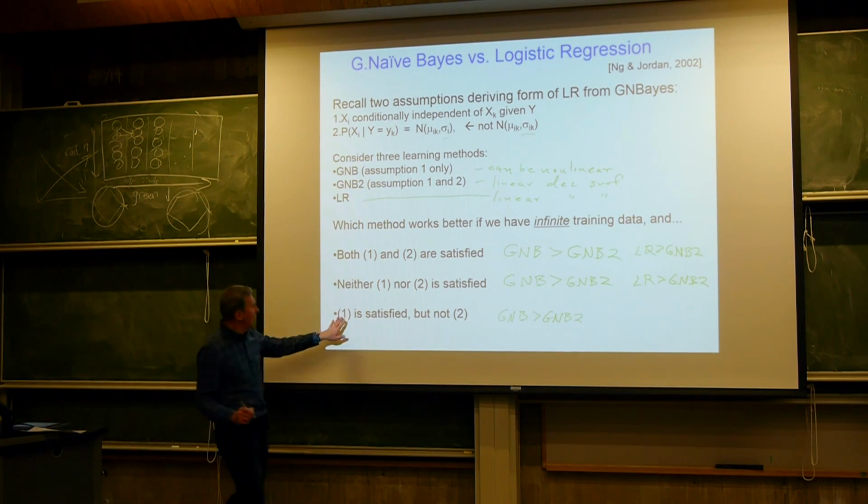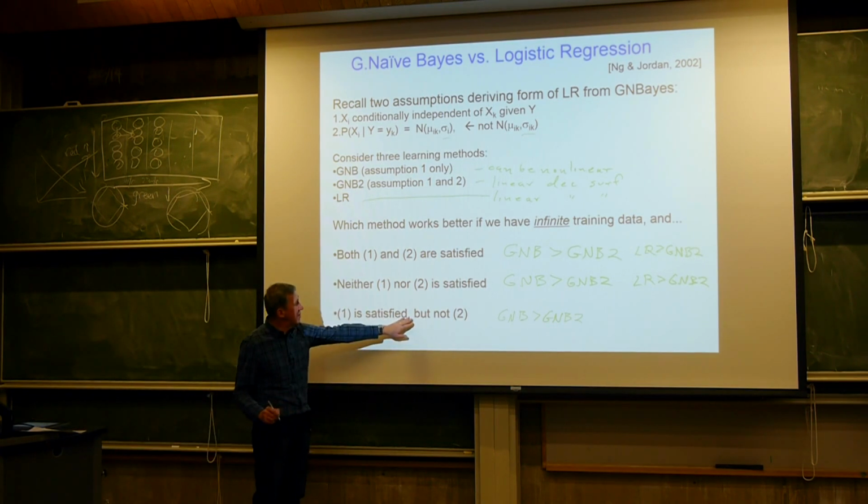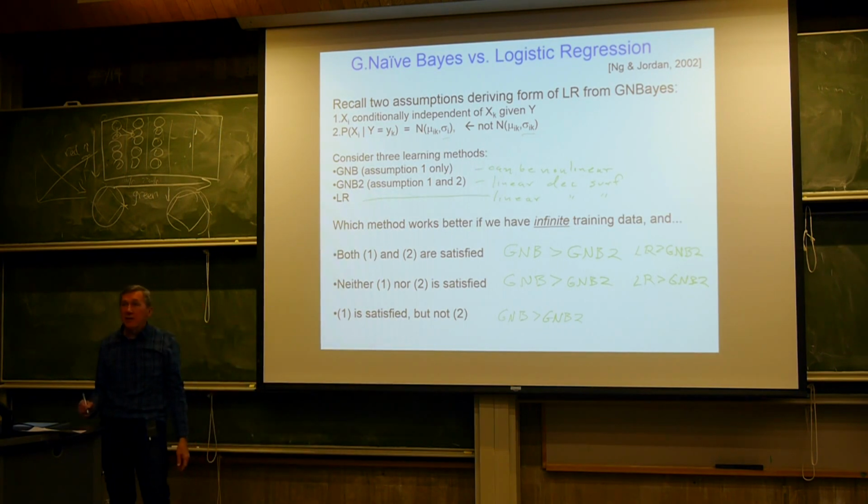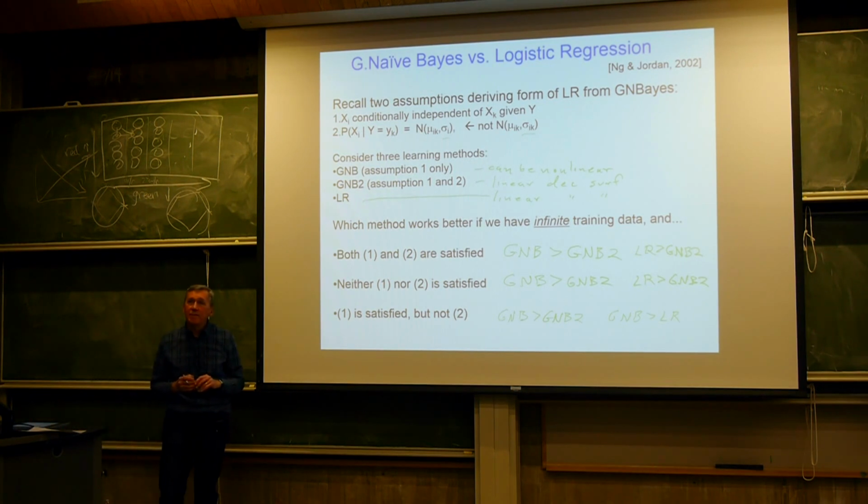But here I'd say also, if 1 is really satisfied and not 2, then I'm going to go with GNB over logistic regression, right? Because it can handle all kinds of decision surfaces that are nonlinear.